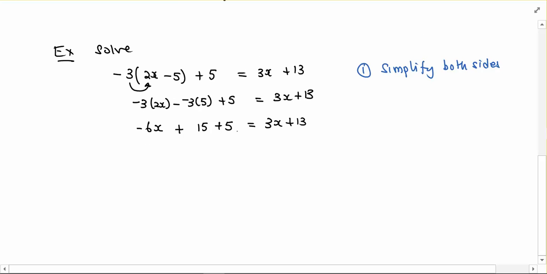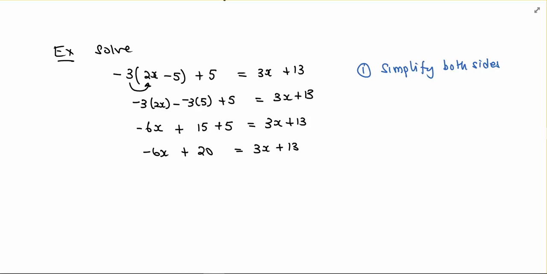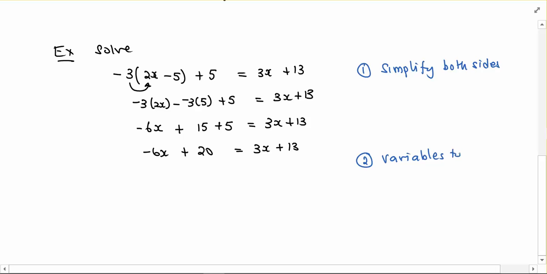And now combine like terms: negative 6x plus 20 equals 3x plus 13. At this point, both sides are simplified as far as they are going to go. So the next thing you want to do is get your variables to one side. It does not matter which side, but in this case, I'm going to get my variables all to the left side.